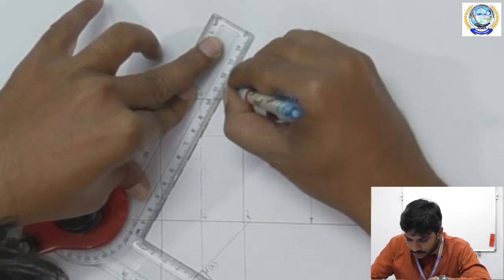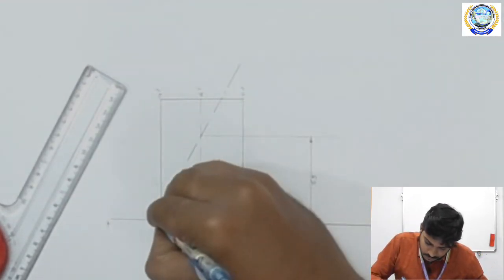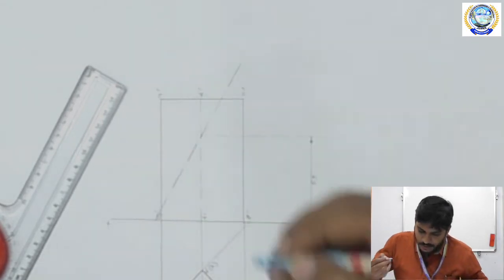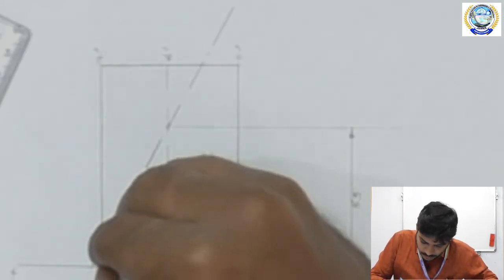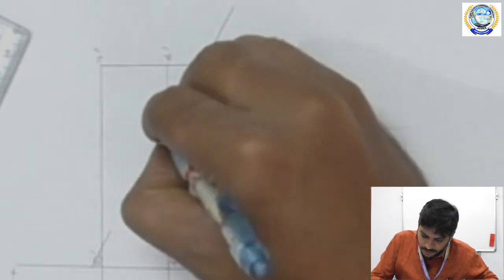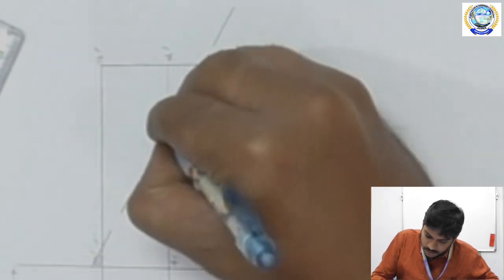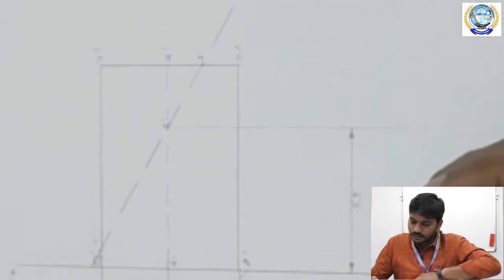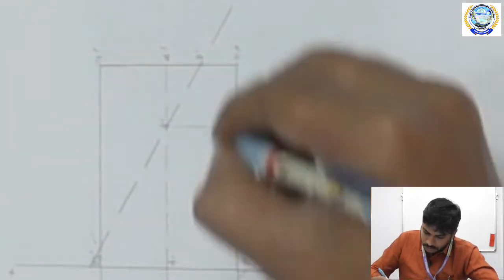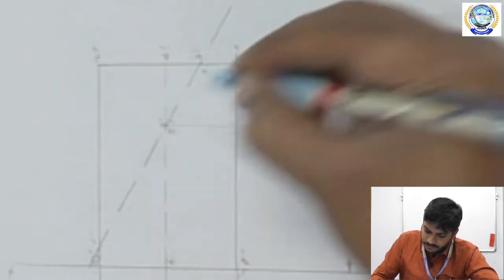So that section plane cuts the front view in different points. Those are 1 dash, 2 dash, 3 dash, and on the back side also 2 points are there, that is 4 dash and 5 dash.